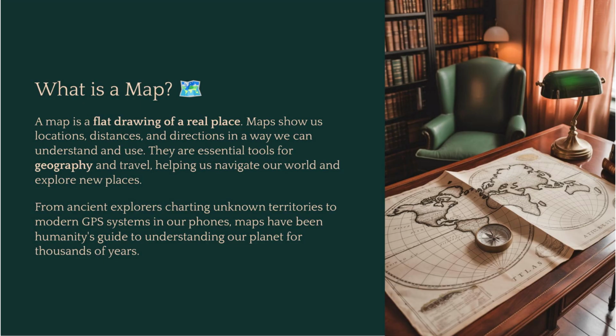The cool thing about maps is that they give us a quick way to see a big picture. They show us not just where things are, but also how far apart they are and the path we need to take to get there. Maps are powerful tools that connect us to the world and help us find our way, which is why learning map basics is the first step to becoming a true explorer.